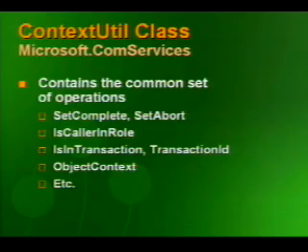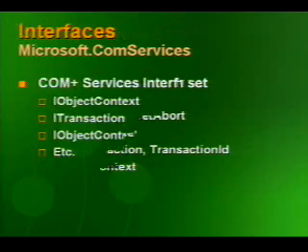So we have things like SetComplete, SetAbort. We have things like IsCallerInRole. We provide common operations to determine if we are in a transaction or to get the transaction ID. And we provide a way to go and get access to the real object context. And there's a series of other operations on ContextUtil.